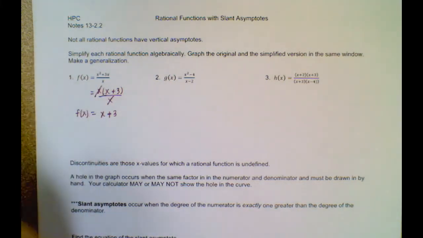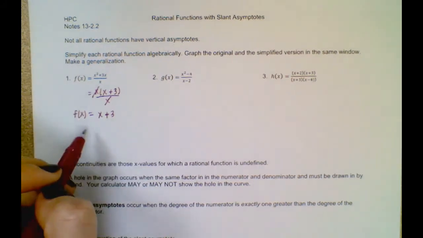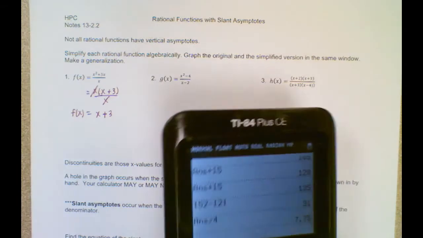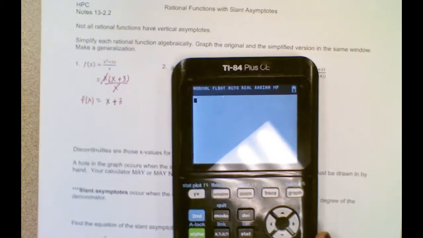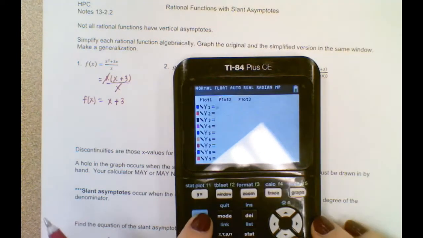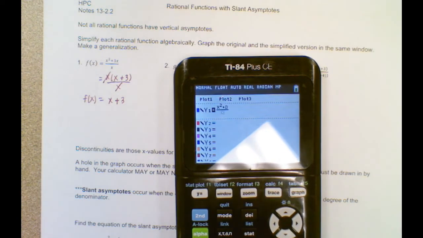Now the directions tell us to graph the original function, this guy, and the simplified version in the same window on our calculator. So let's go ahead and pull out our graphing calculator. And we've got the y equals screen. Okay, alpha, y equals, let's type in this guy: x squared plus 3x all over x.